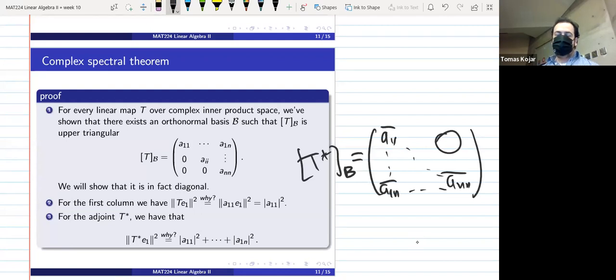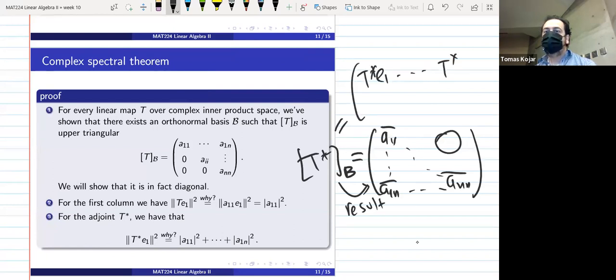Okay. Good. So this is a result, but we have a definition of it. The definition is T star E1 all the way to T star En. This is the definition, and this is a result we proved.